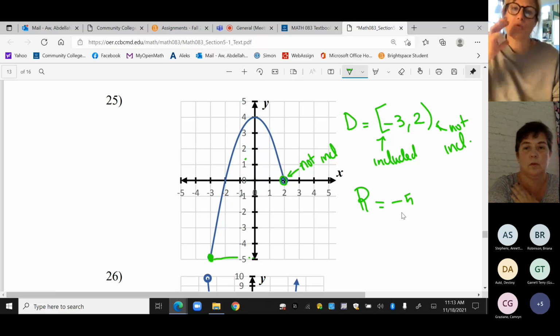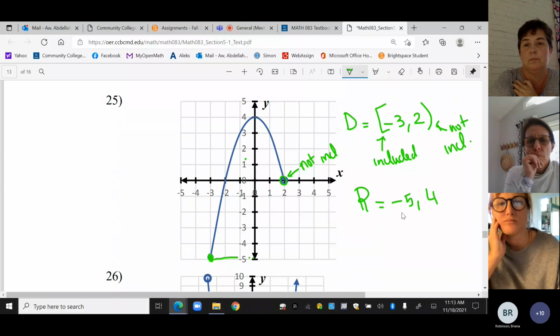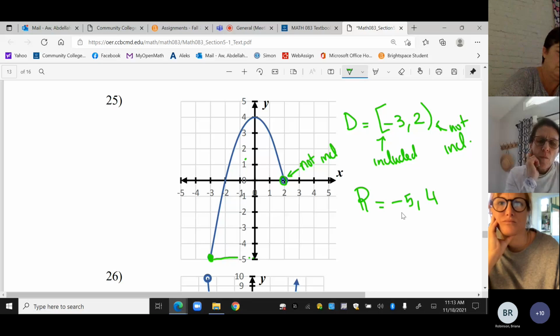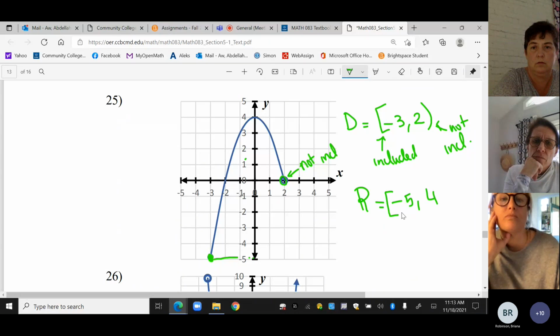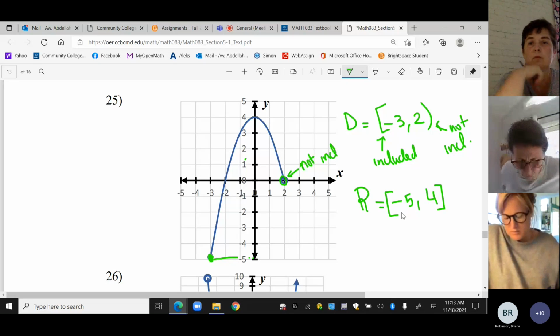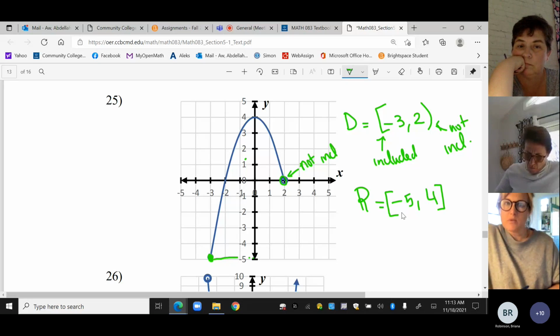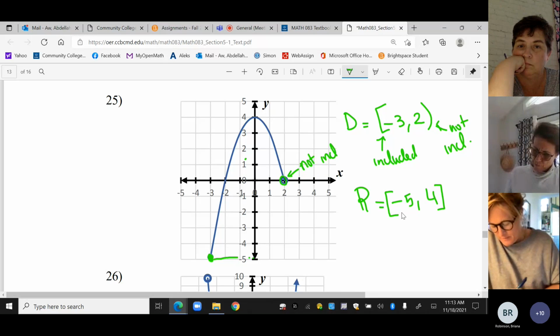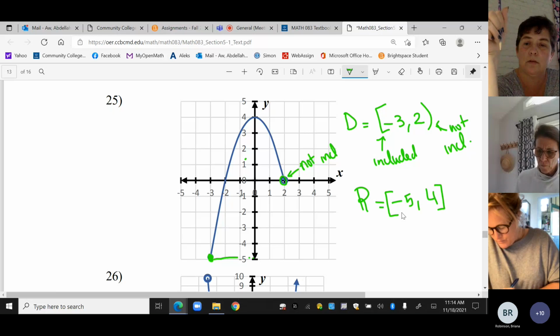What is the highest y attained by the graph? 4, exactly. So around -5, 4. -5, should it be included? Yes, we put a bracket. 4, should 4 be included? Yes, we put a bracket again. You see, these questions can be very simple if you know exactly what to do.